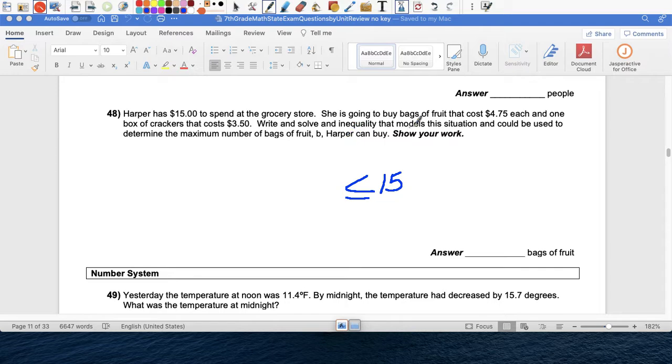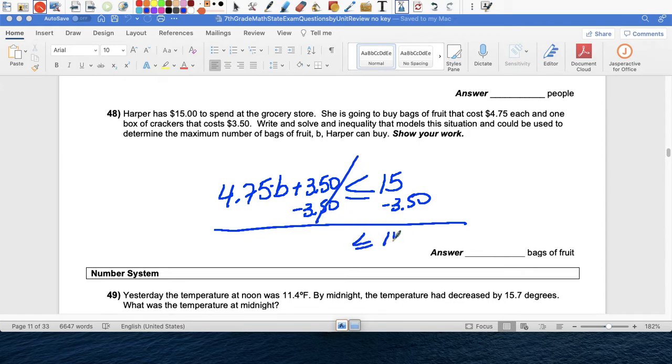I know she's going to buy bags of fruit, each $4.75, for B number of bags of fruit, plus 1 box of crackers, so that I know for sure. How many bags of fruit can we buy? Well, subtract 3.50 here, minus 3.50 here.